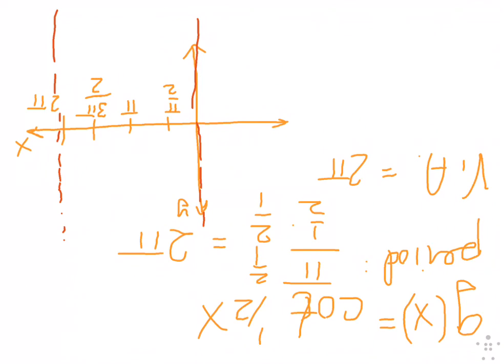Now, for this one, very similar to what we did for the tangent, the middle is where it crosses. The middle is where it's going to cross here also. So that means at pi, that's where it's going to hit the x-axis, unless you shift it up or down. Then, instead of going up on the right-hand side and down on the left, it's going to go the opposite.